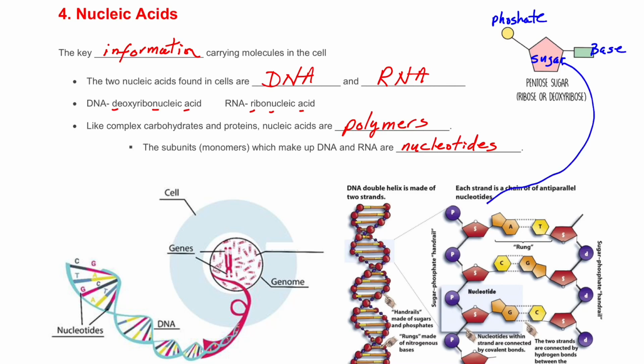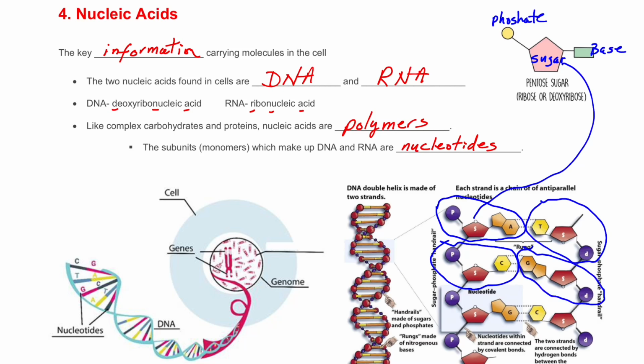If we look down here, we'll see these nucleotides, these monomers, making up the polymer, and together, 2 of them make up a rung of the DNA ladder, and the sugar and phosphate make up the sides of the DNA ladder. So if we look right here, I'm going to change over to blue.